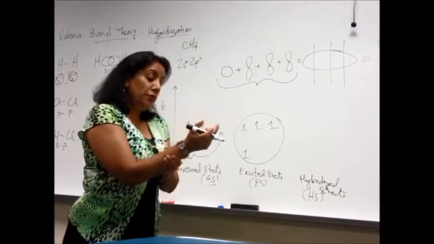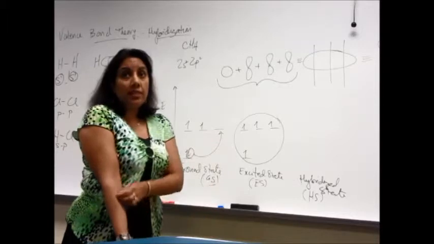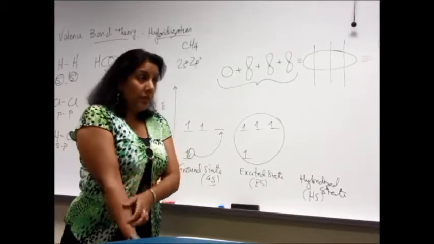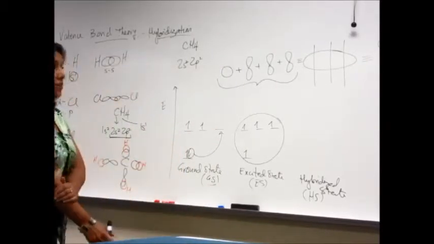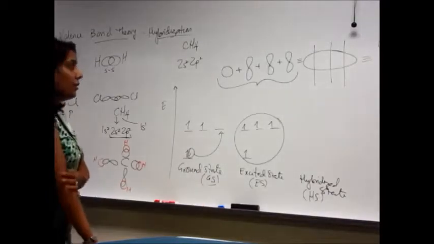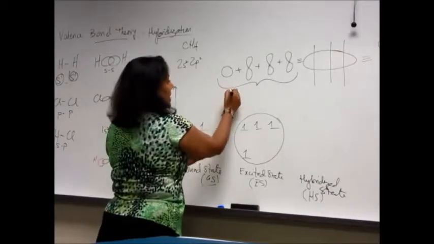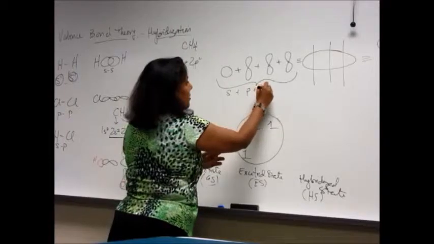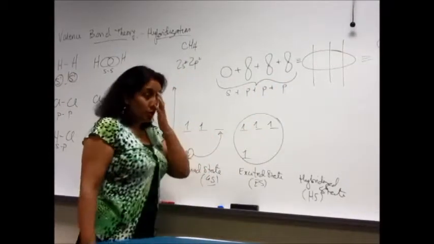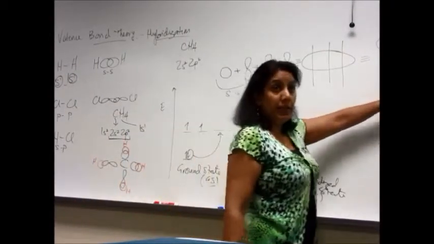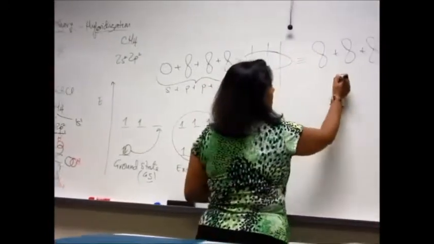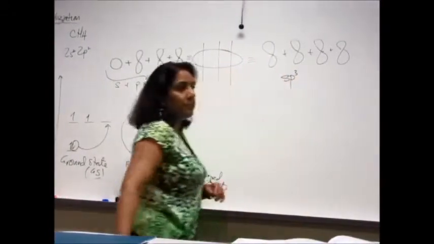If you understand this well, then you should not have problems later on. So make sure you ask me questions now if you have any. Here we are mixing S, P, P, and P, so the final hybridized orbital mix is called SP3.